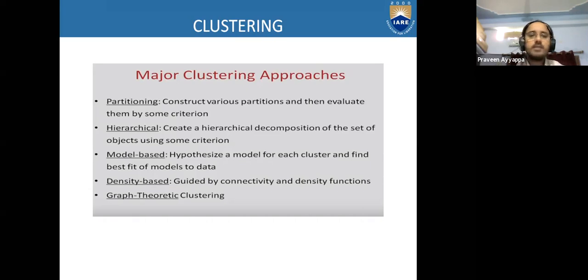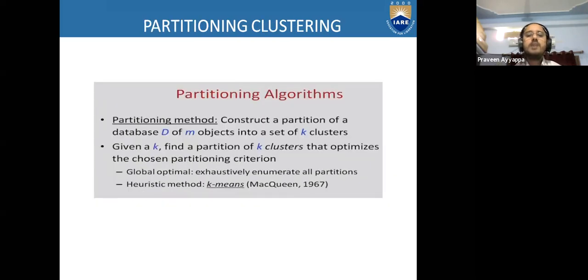Now we are going to see about each clustering method in brief. So the partitioning algorithm. In the partitioning method, construct a partition of database D. So first we need to construct a partition of the database. We need to have a database. As we have already studied, the database can be created by transferring the data from the OLTP to OLAP process.